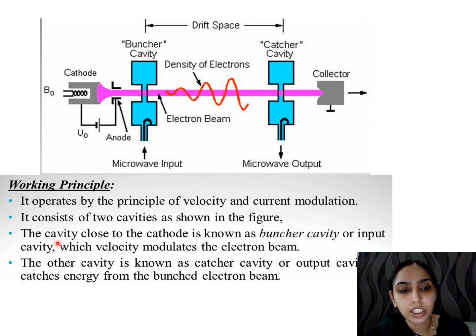The cavity close to the cathode is known as the buncher cavity or input cavity, which velocity modulates the electron beam. The other cavity, known as the catcher cavity or output cavity, catches energy from the bunched electron beam. Whatever electrons are bunched in the drift space, the catcher cavity catches the energy from the bunched electron beam.